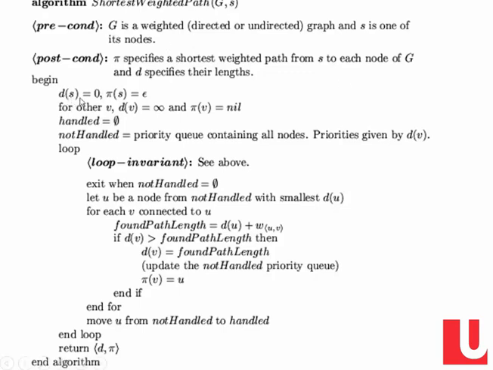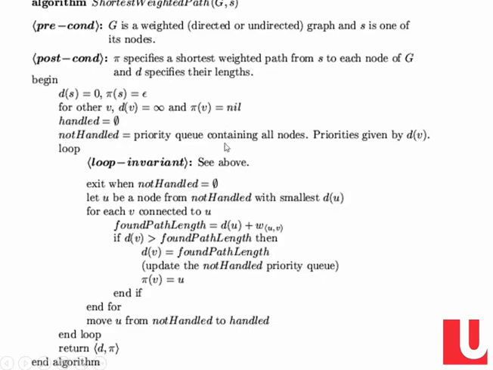Well, initially, we have the not handled and the handled sets. We can throw everybody in there, right? So initially, d of s is 0, and we don't care who its parent is, and everybody else has a d of infinity, and we don't care who its parent is, and we haven't handled anybody.